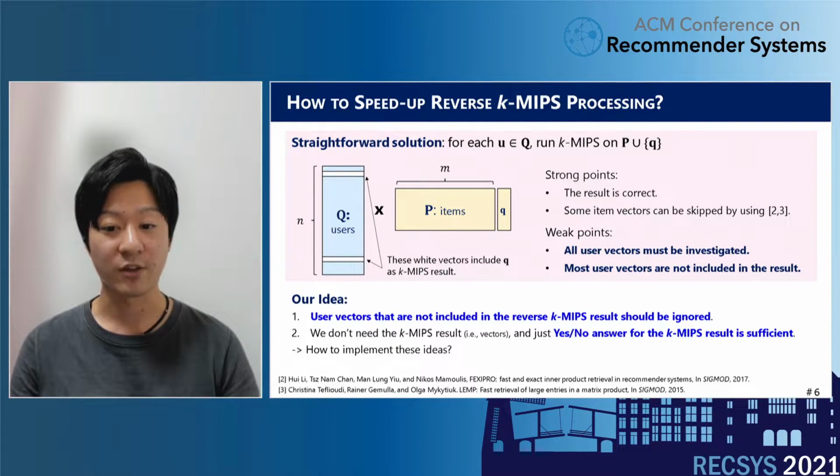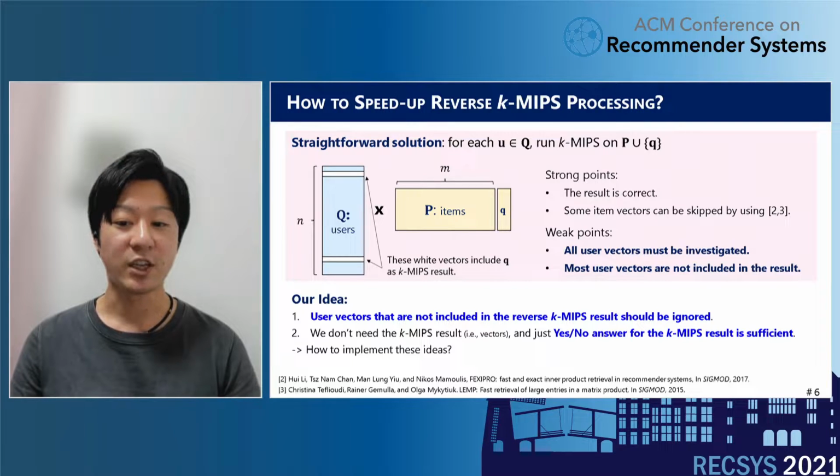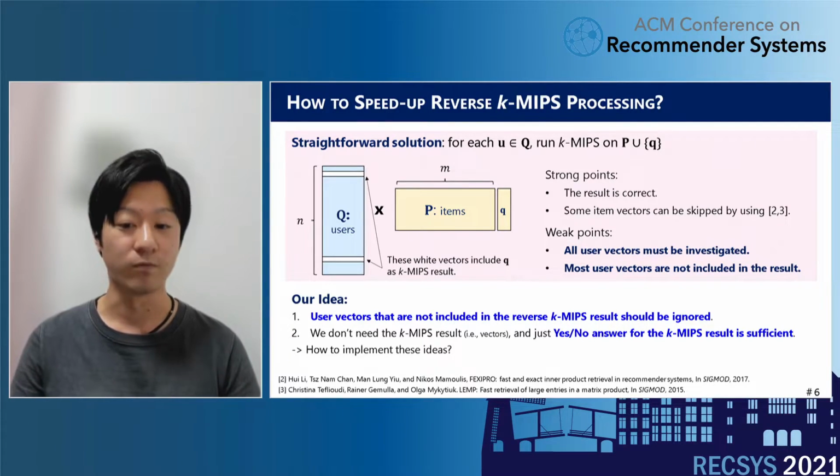First, user vectors that are not included in the result should be ignored. Second, we don't need a K-MIPS result, and just a yes/no answer is fine. Which means, given a user vector U, it is sufficient to know whether the query is in or not in the K-MIPS result of U.